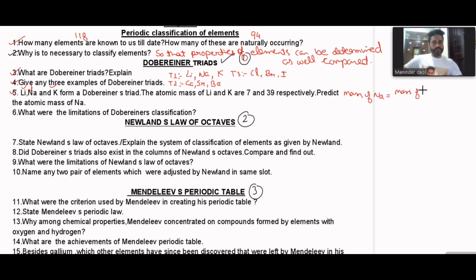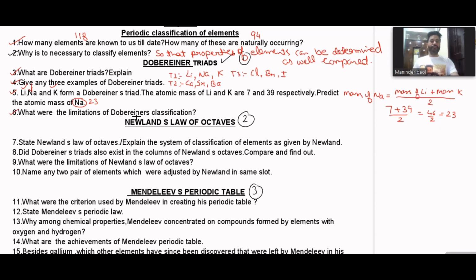So mass of lithium plus mass of potassium over 2. Lithium mass is 7 plus 39 over 2, which is 46 over 2, that is 23. So the mass of sodium is 23. You already know that the mass of sodium is 23, but we have calculated it according to his theory. So question number 5 is also very easy.